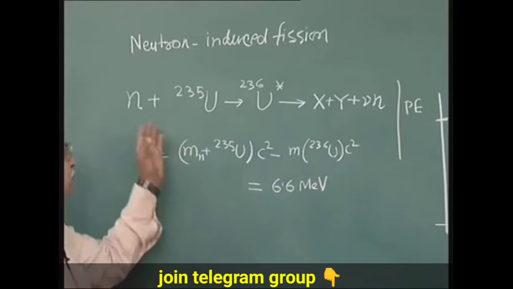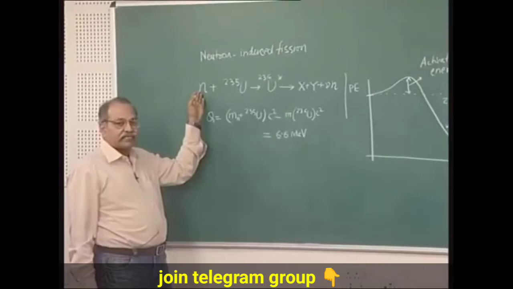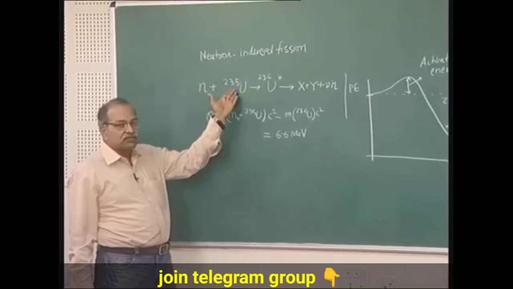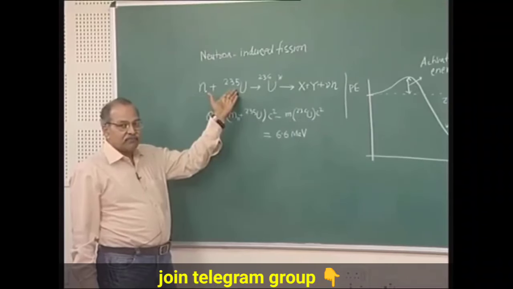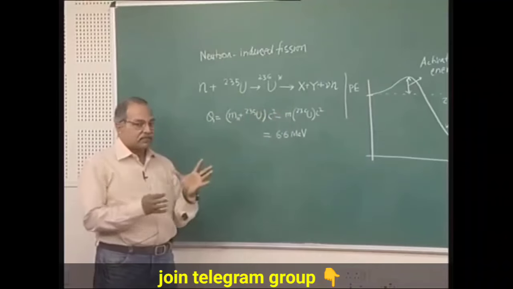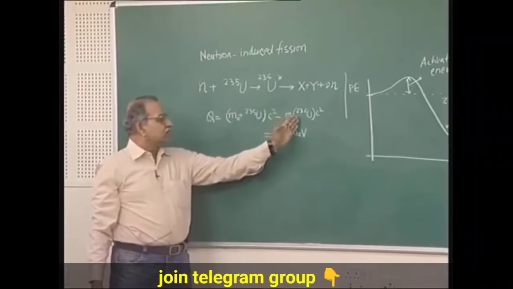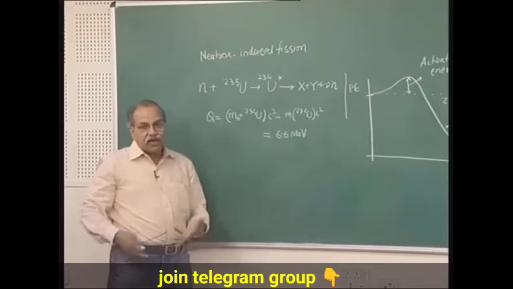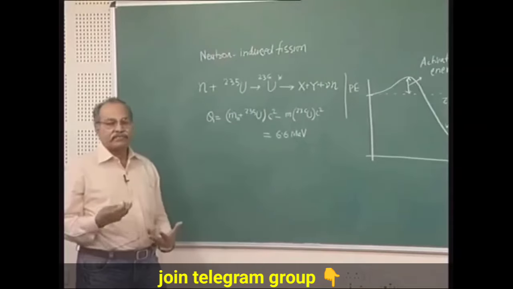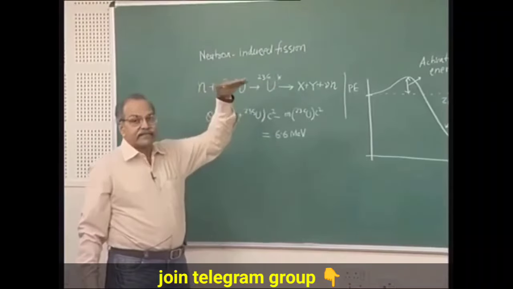So, if you send a neutron with almost 0 kinetic energy, and this neutron gets absorbed into uranium 235 making uranium 236, that extra energy, that reduction in the rest mass energy, will appear as excitation energy of this 236, and this uranium 236 will be prepared in that excited state.